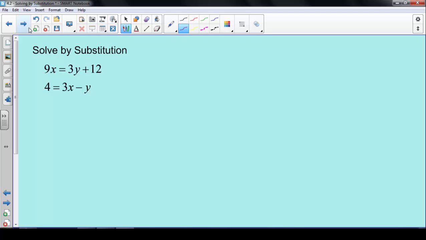Alright, in this next one, it's the same thing. We can pick any of our 4 variable options to get to the same ending. So this first one, I'm going to go ahead and work with this to just get y by itself because there's not going to be any dividing. But once again, it doesn't matter which route you go.